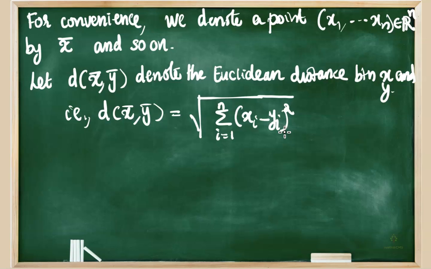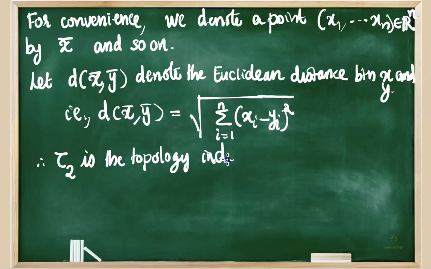This is according to the usual metric or Euclidean metric. Then our τ2 is the topology induced by this Euclidean metric, that is our d. We need to show that τ1 is equal to τ2.